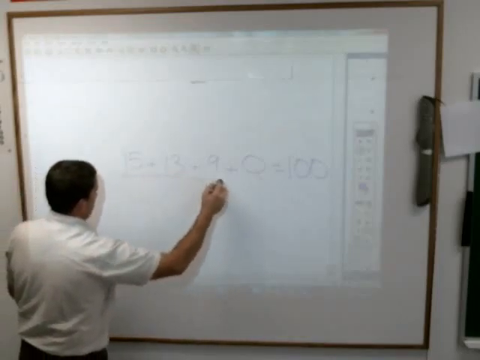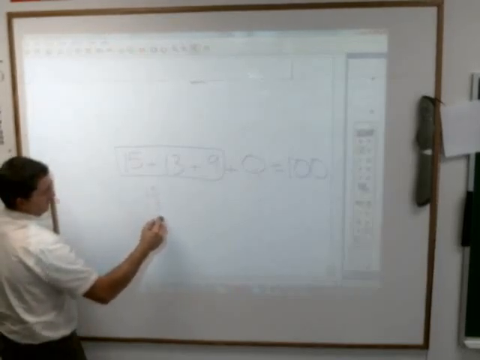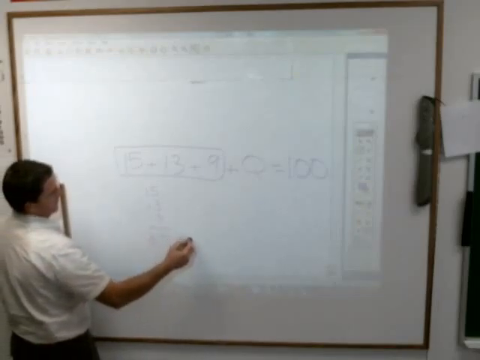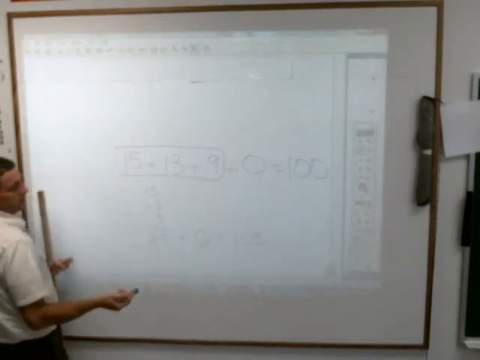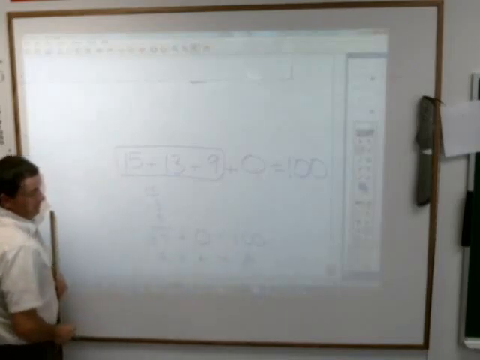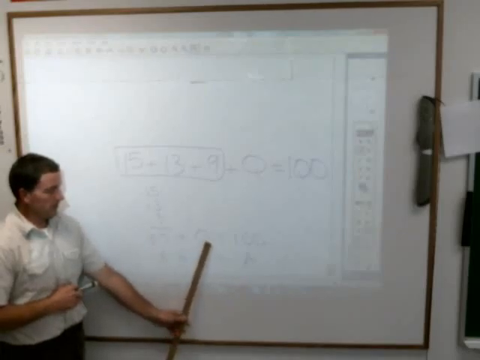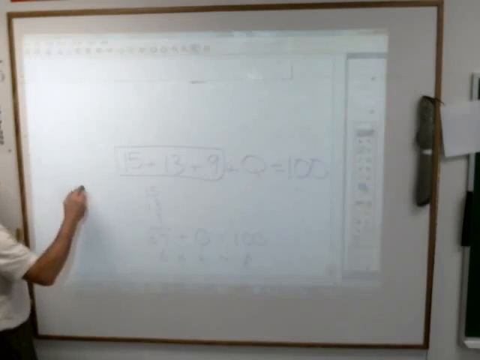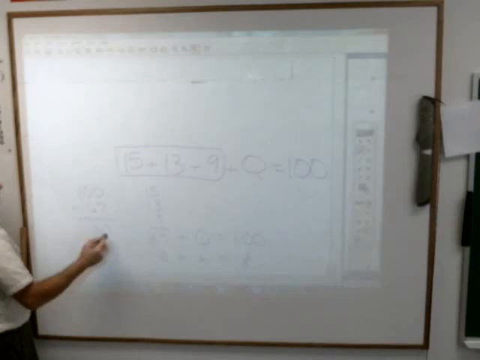Yeah, put together the stuff that you can first. 15 plus 13 plus 9 is what, 37? And then it just becomes 37 plus q equals 100. And here's where I think of an easier problem, maybe 6 plus 2 is 8. If I'm missing the middle of 6 plus 2 is 8, what do I do with 8 and 6 to get 2? Yes, subtract, thank you, whoever said that. So I take 100 and subtract 67 from it, and it is 33.